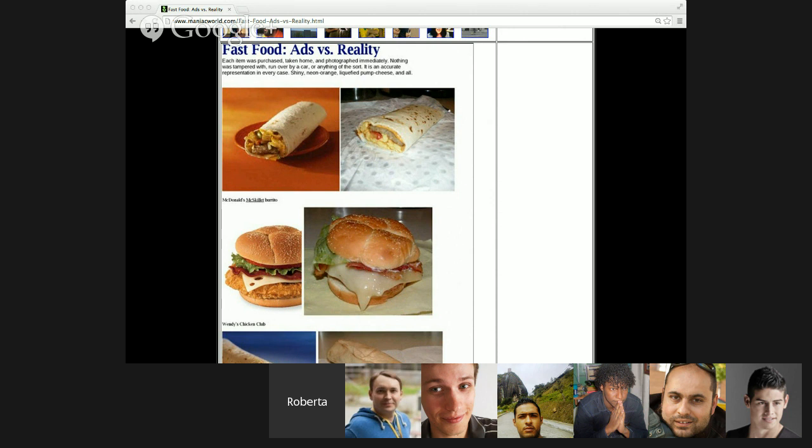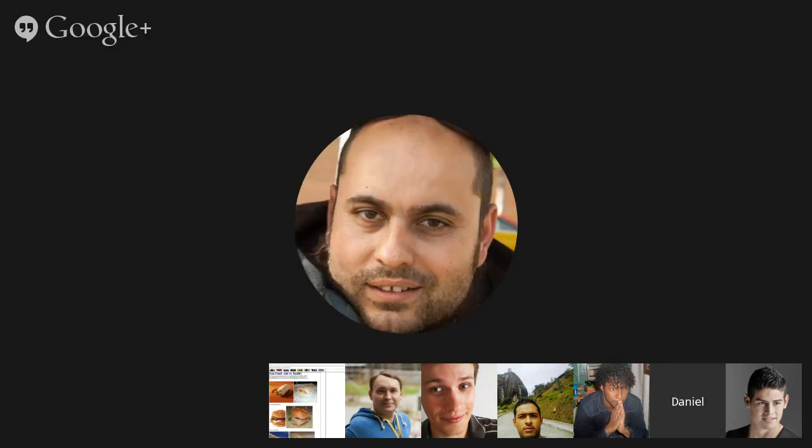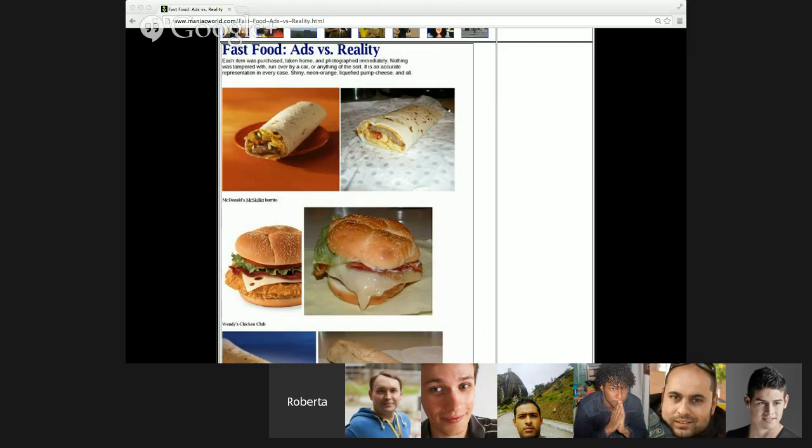Or not superlative, comparative. More colorful. Good, exactly. More colorful is the comparative form. Okay, so the one on the left looks more colorful.